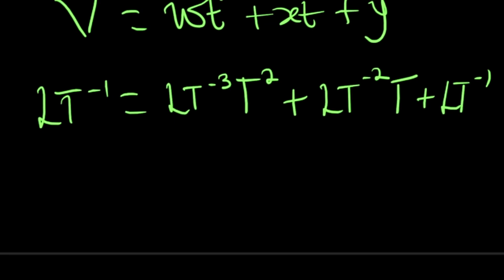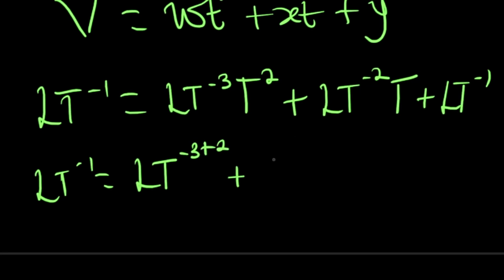So let's now simplify and see if what we have on the left will be equal to what we have on the right. If that is true, then it means that we are correct. So on the left hand side, we have LT^-1 is equal to, right here, I'm going to remember the laws of exponents that says if you have like bases that are multiplying, you simply add their powers. So we have L T, then minus 3 plus 2, correct? Then we have plus L T, minus 2 plus 1, then plus LT^-1.